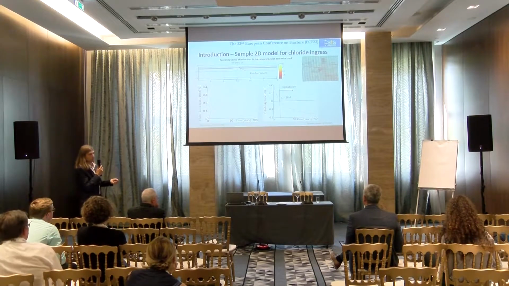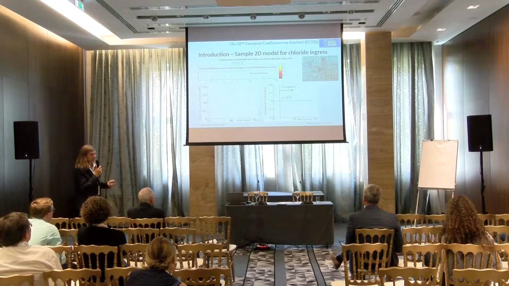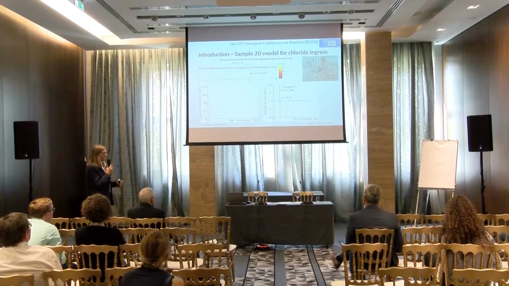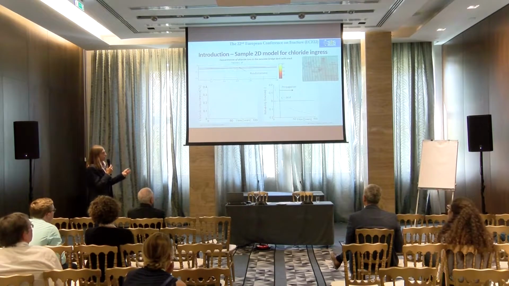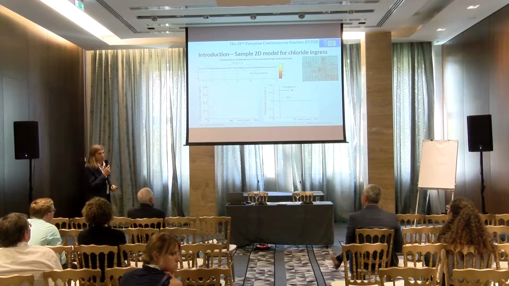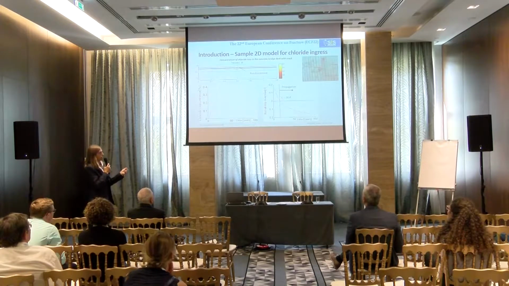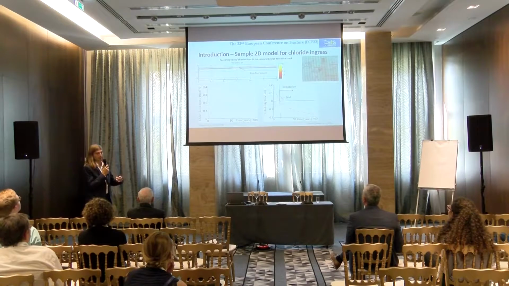So this is the illustrative picture of the model that we have, and currently it can be probabilistic, but the material property, diffusion coefficient of chloride, was considered to be homogeneous over the area, and the probability was added via Monte Carlo in repeated simulation steps.